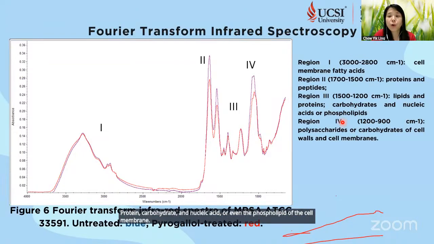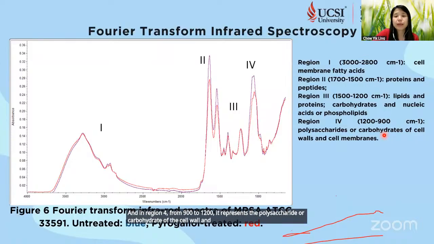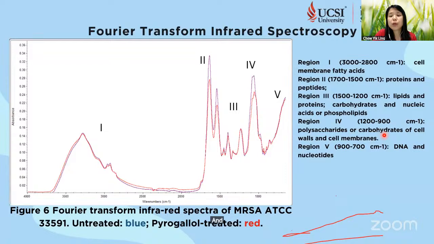In region 4, from 900 to 1200, it represents the polysaccharide or carbohydrate of the cell wall and cell membrane. And lastly, region 5, from 700 to 900, represents the DNA and nucleotide.